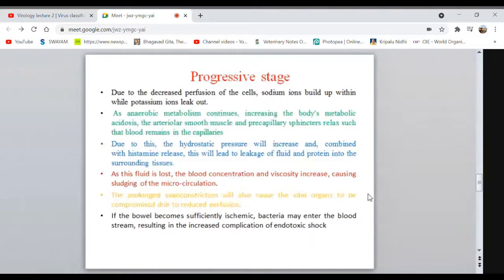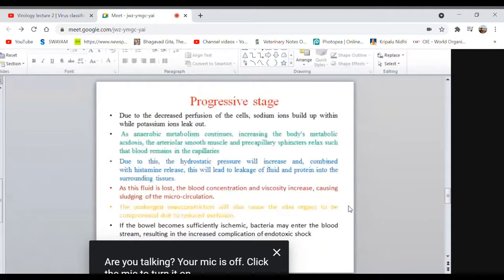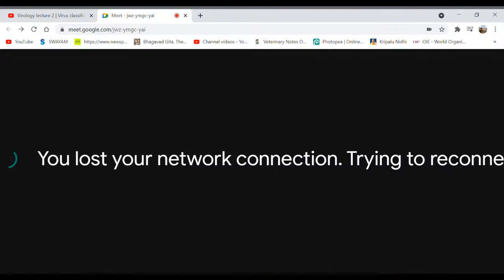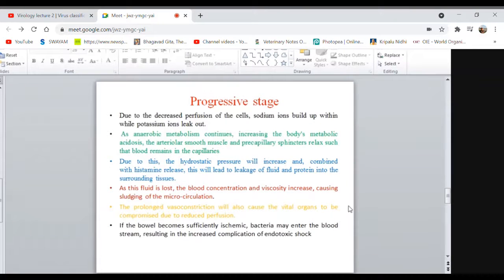There is a decreased perfusion of the cells, and lactic acidosis is there, or metabolic acidosis is there.